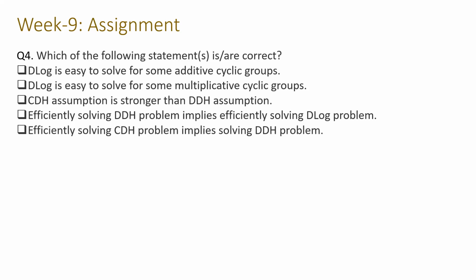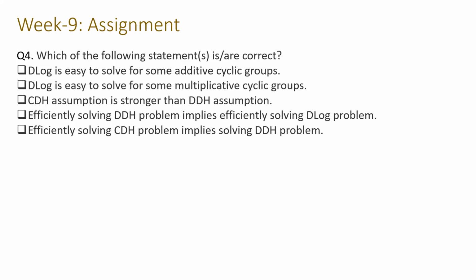And the second statement says D-log is easy to solve for some multiplicative cyclic groups. In the case of multiplicative cyclic groups as well, if you choose small parameters for the prime p, it can be the case that D-log is easy to solve.